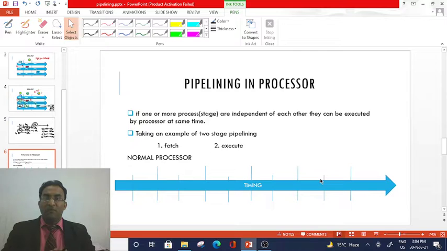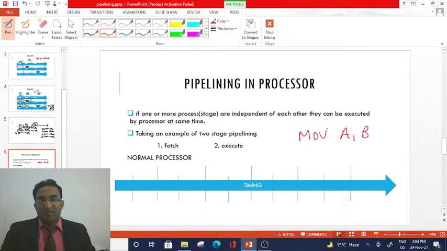If one or more processes, that is stages, are independent of each other, they can be executed by the processor at the same time. Now taking an example of two-stage pipelining, we have an instruction. This instruction is in memory. It has to be fetched, and after fetching it into the processor, this particular instruction will be executed.